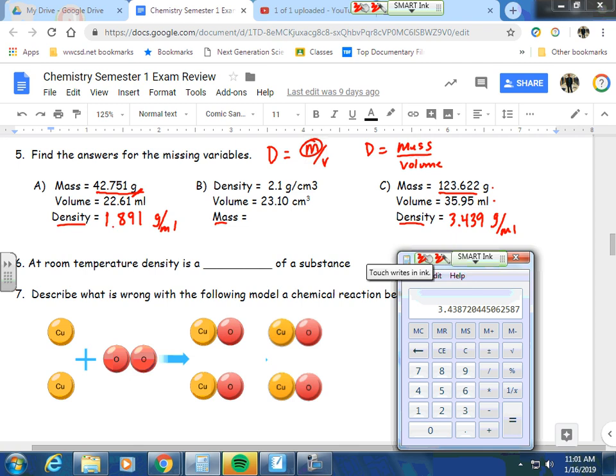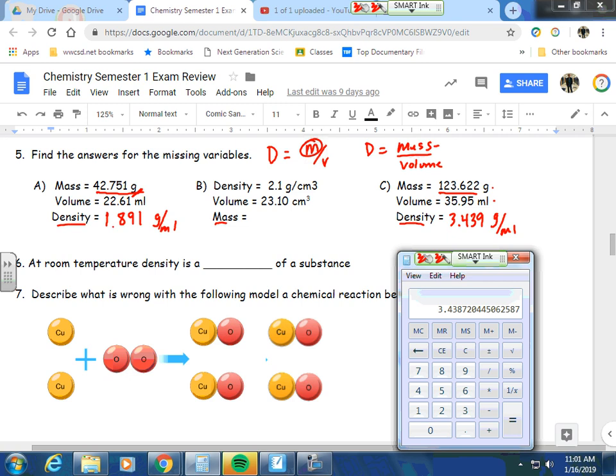So first of all, we have to make sure the unit we're trying to solve for is on the top portion of the equation, not in the denominator, which it's already on the top, so that's good. The second thing we have to do is make sure it's by itself. And right now it's not by itself. It's being divided by volume.